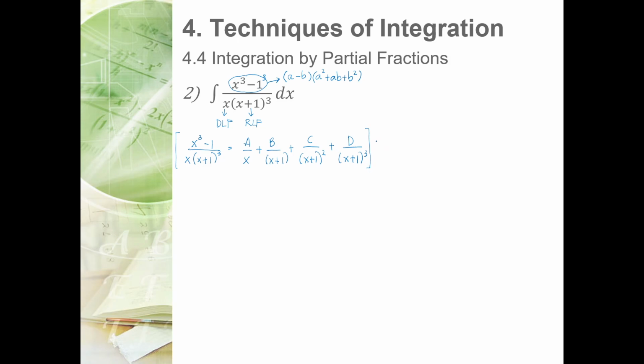This would give us x times x plus 1 cubed. So the equation becomes x cubed minus 1, then A times x plus 1 cubed, plus B times x plus 1 squared times x.